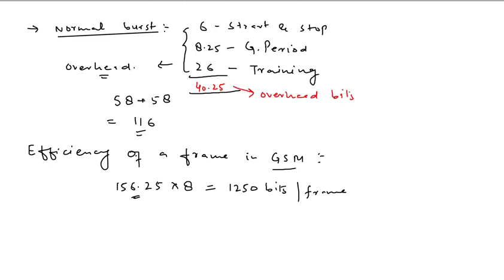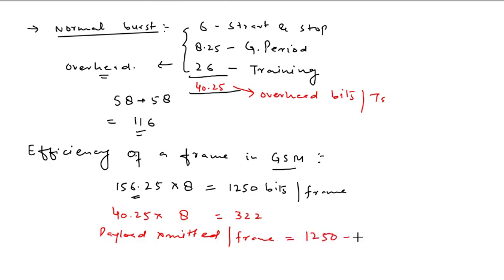Overhead bits per time slot, and these overhead bits per frame are given as 40.25 into 8. This will give you 322, and in actual sense the payload transmitted per frame is equal to 1250 minus 322, which is equal to 928 bits per frame.